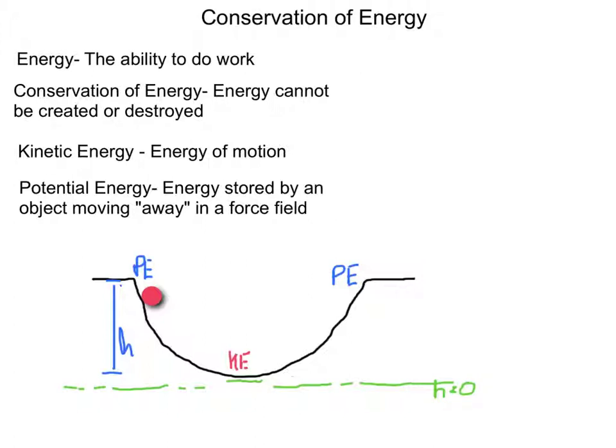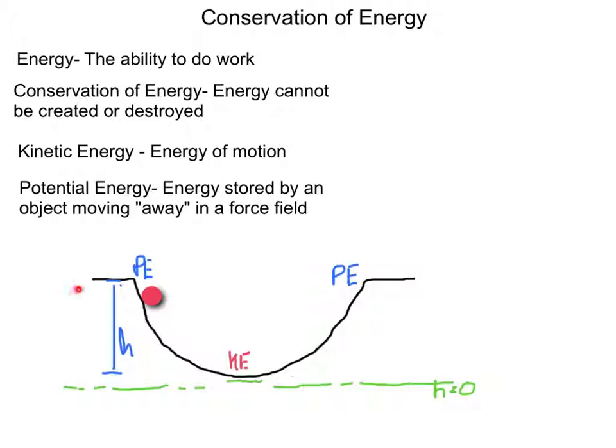So you are above the Earth's surface. It's energy stored by an object moving away in a force field, and for gravitational potential energy, it means that it's the amount of energy stored because you are upwards in the gravity force field, and gravity wants to pull you back down. Gravity will do work on you to pull you back down to the surface of the Earth.